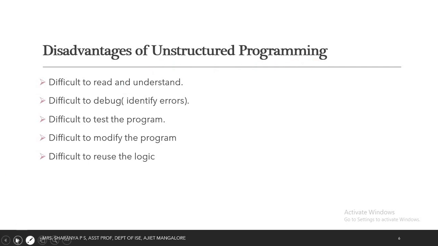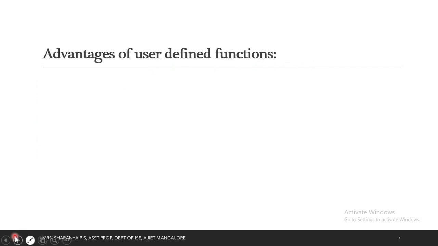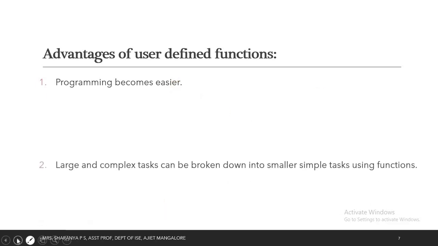Now, how can we overcome these disadvantages by using user-defined functions, or by referring to structured programming? First one, programming becomes easier. That is, here we are writing the code which is responsible for performing some specific task separately from the main function. So writing the major task will be much easier compared to unstructured programming.